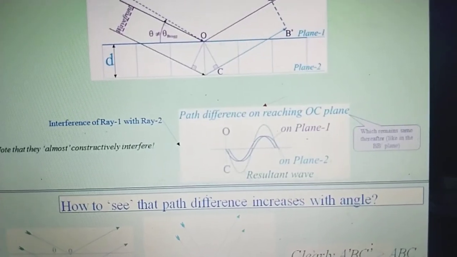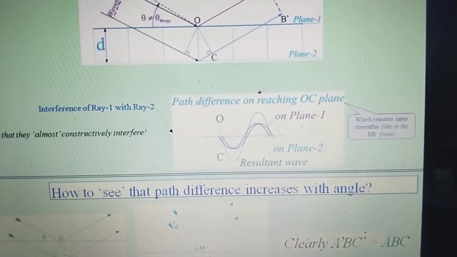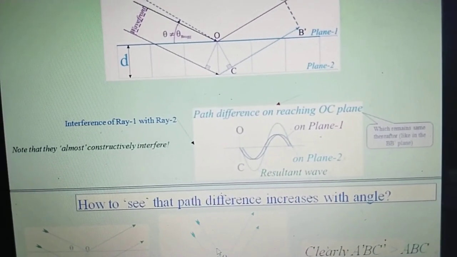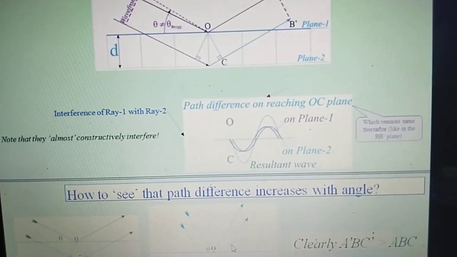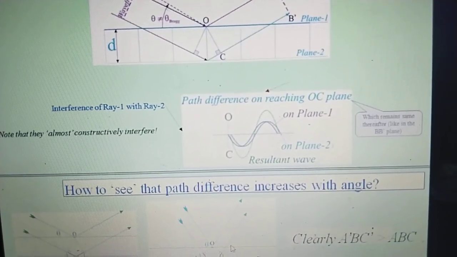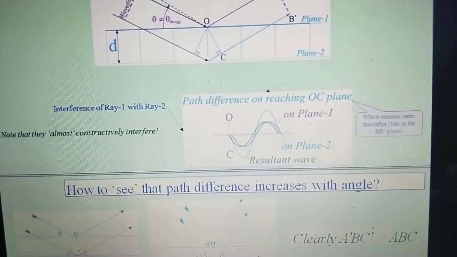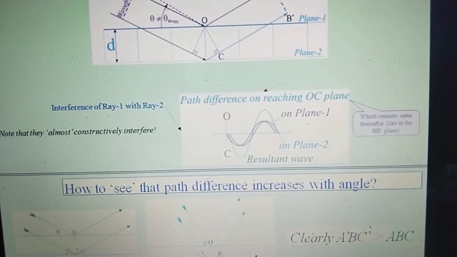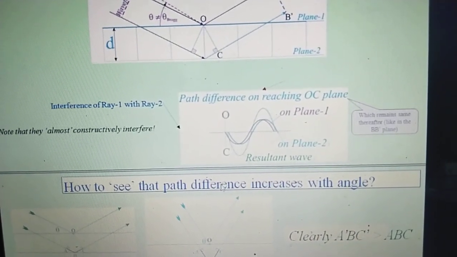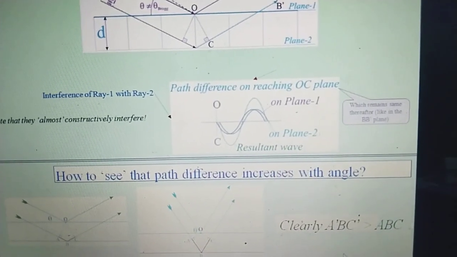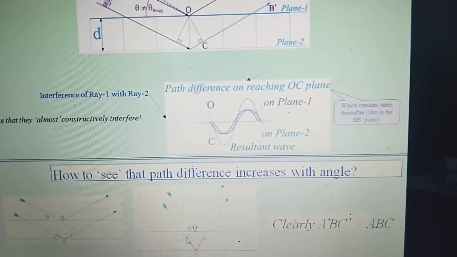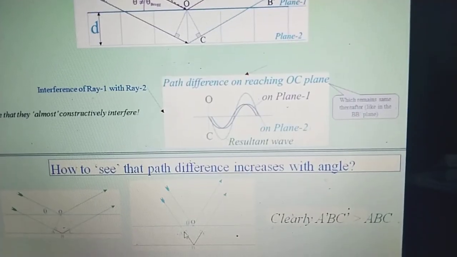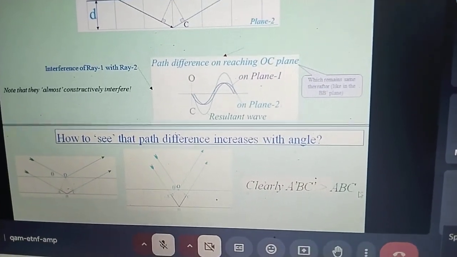You can make the student understand diagrammatically. You have increased the incident angle, similarly the reflected angle will also increase. Your path difference will increase. How to see that path difference increases with angle? Clearly you can see angle A prime, B prime, C prime is greater than angle A, B.